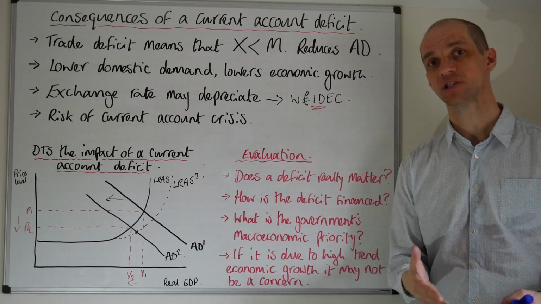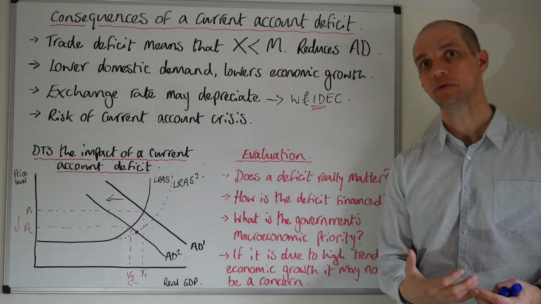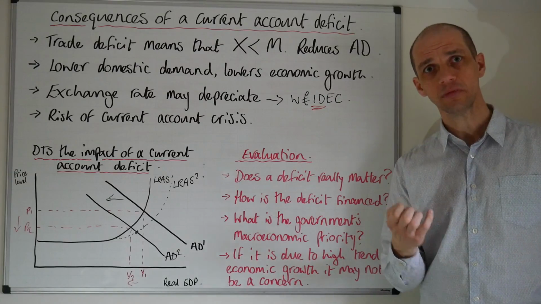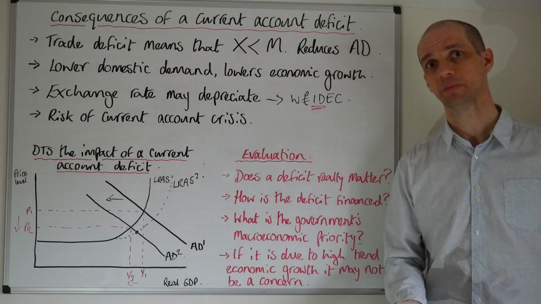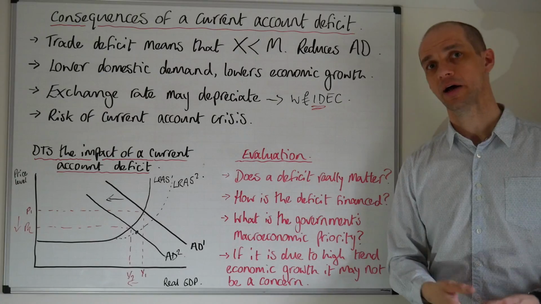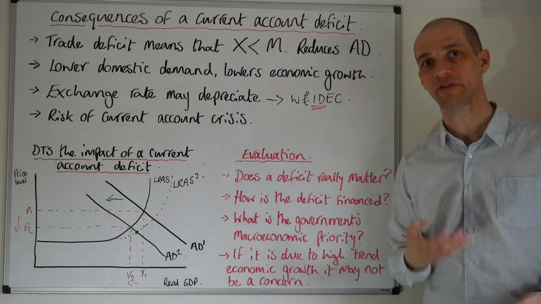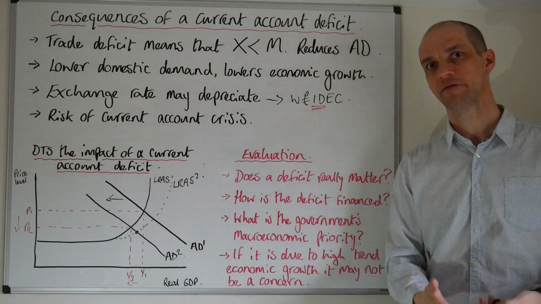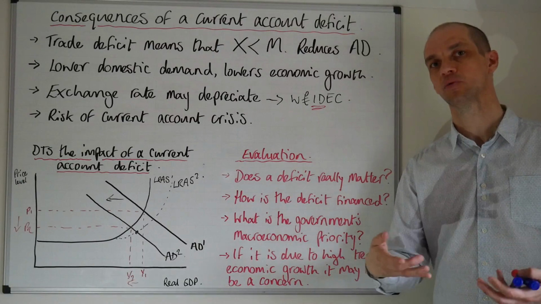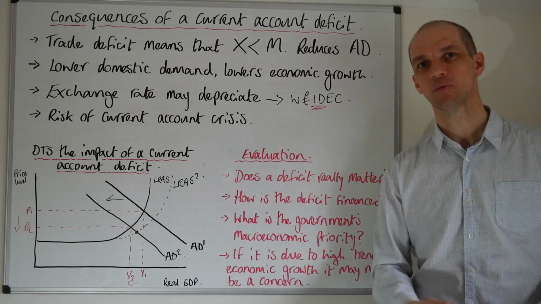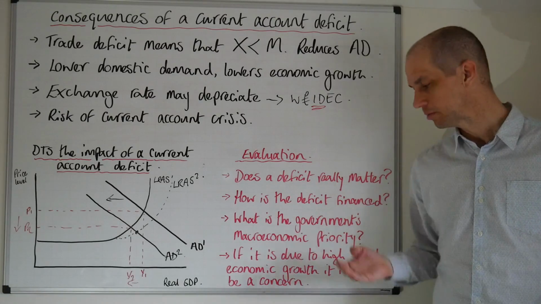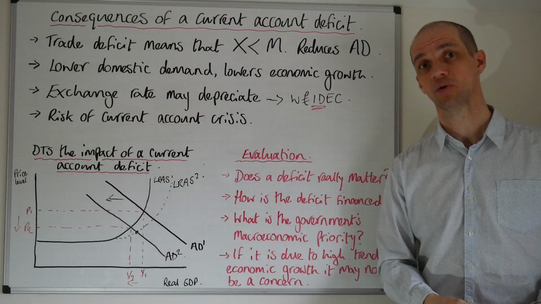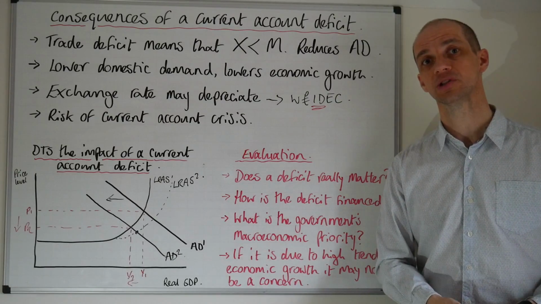So if the growth seems to be sustainable, in line with trend, and is taking place because the fundamentals of the economy are very, very strong, and there's a lot of investment taking place, and therefore the productive capacity of the economy is improving all the time, then is that really a concern? Because if people's incomes are rising, they are likely to consume more. So to what extent should we be concerned?